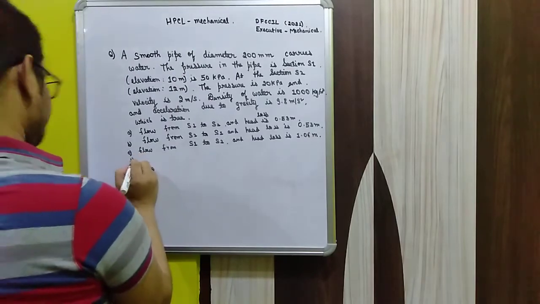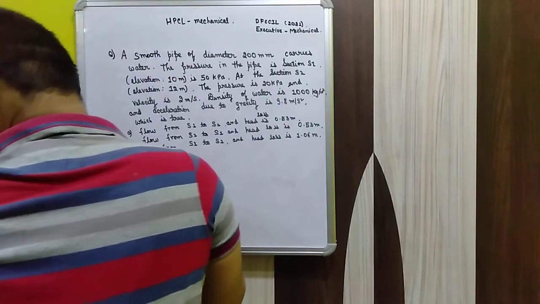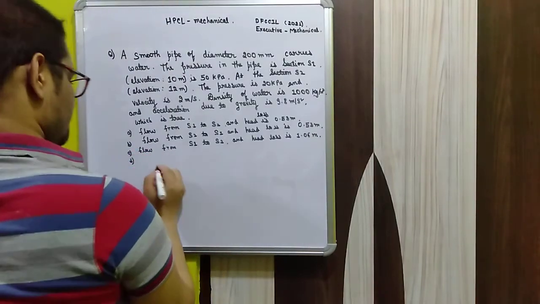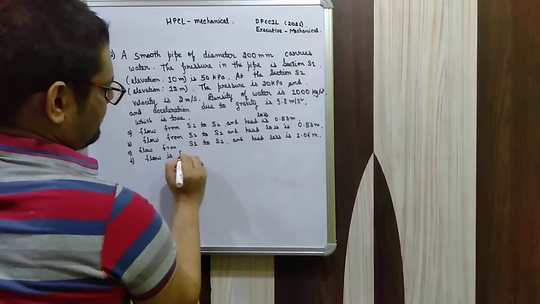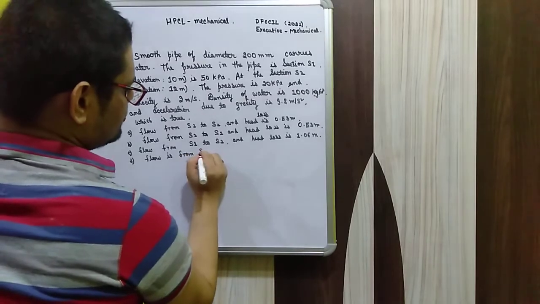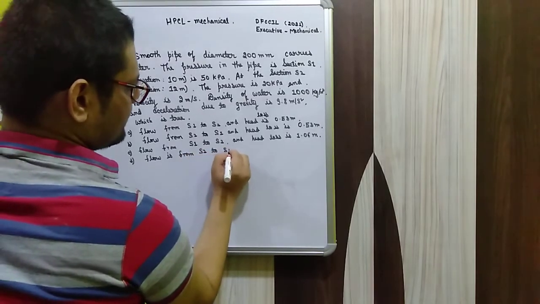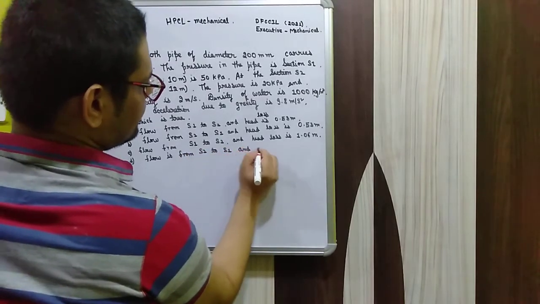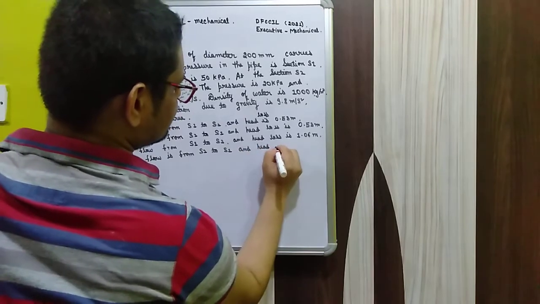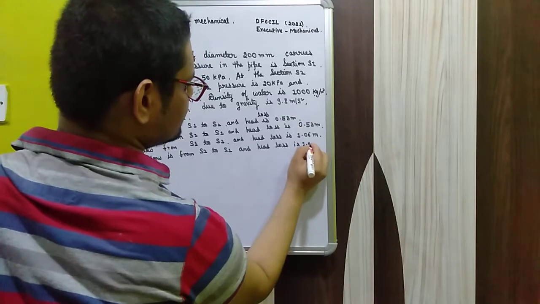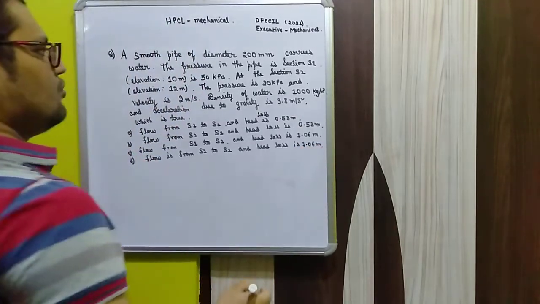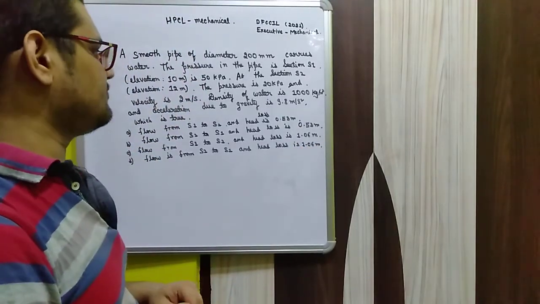And option D is given: flow is from S2 to S1, and head loss is 1.06 meter. I hope I've written these options for a long time.